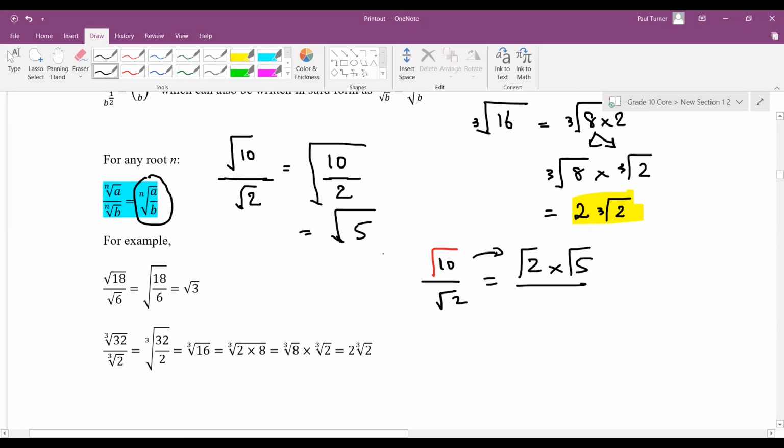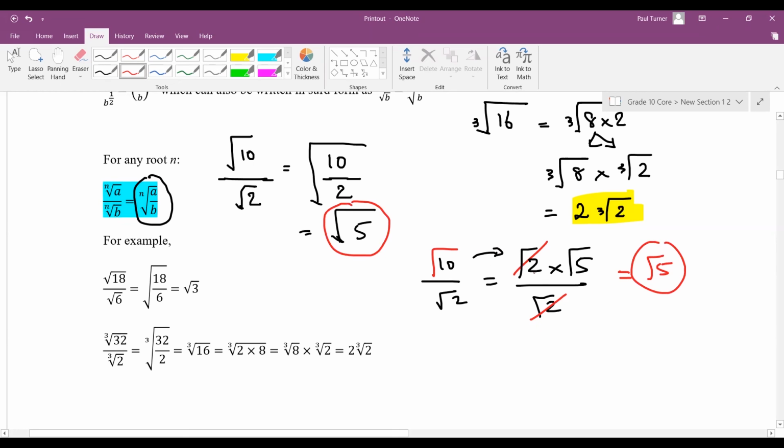Because two 5s are 10. So just treat these like numbers, but carry the root sign when you separate. And then you've got root 2 down here. So then you can see that this will cancel to give you root 5, which is what we got here.